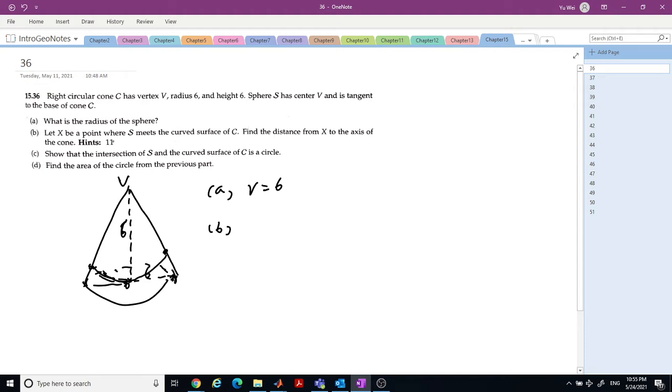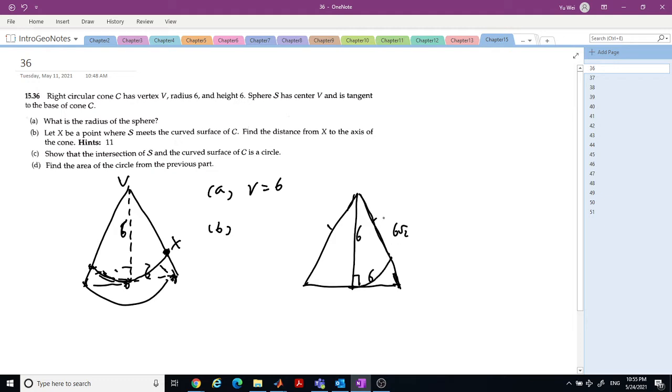Let X be a point of the S that meets the curved surface of the C. So the curved surface of the C here is the X. So if we cut from the top, along the center axis of the cone, then we have this isosceles triangle, and the sides here are 6 and 6, so this is 6 root 2, and we draw a circle here, right?